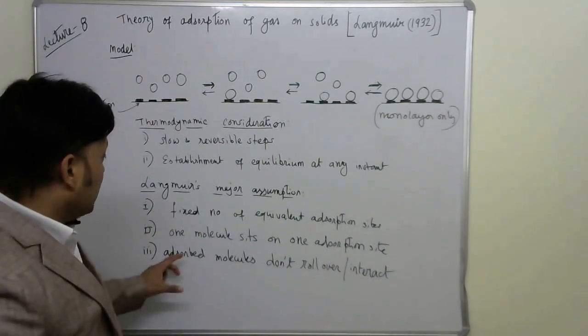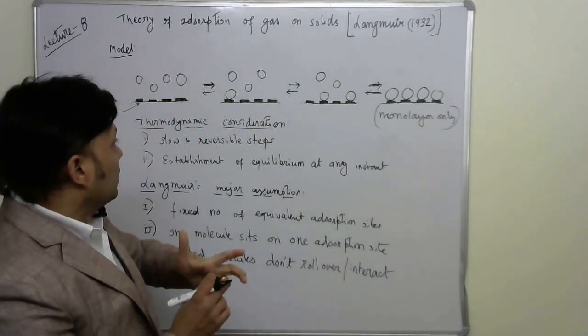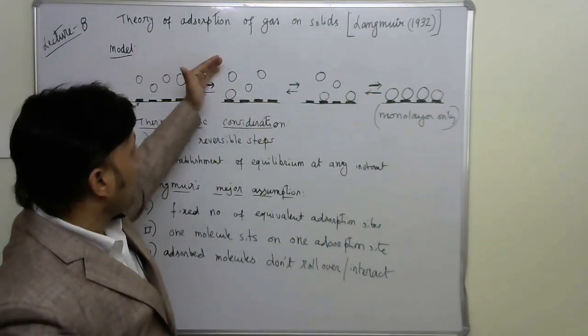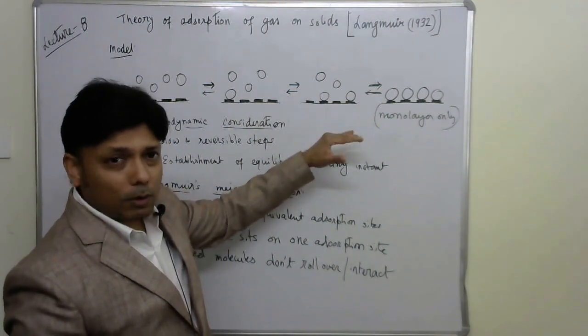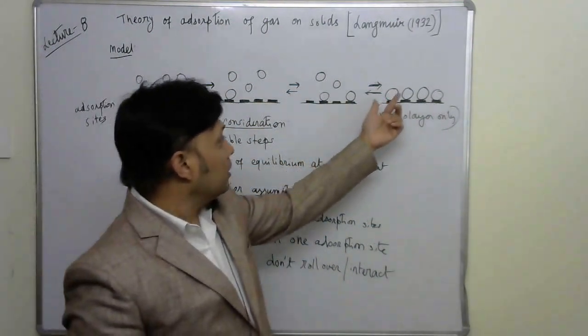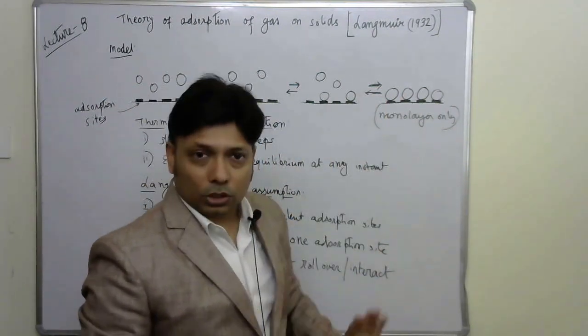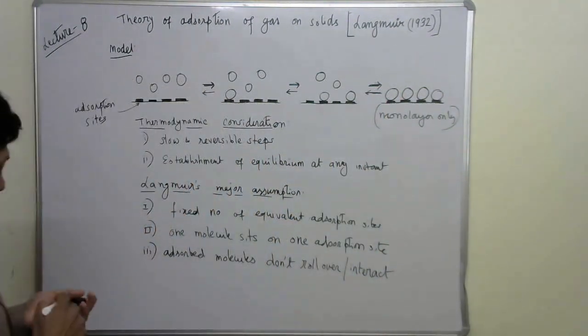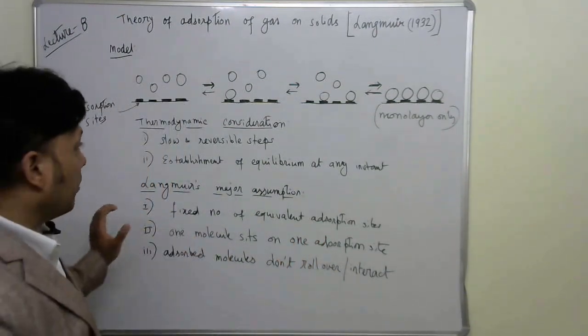And lastly, the adsorbed molecules, well, they can be desorbed also, but once they adsorb, they don't roll over to their nearby sites, and during the adsorption they don't interact with each other. So those were some of the major assumptions of Langmuir's model.